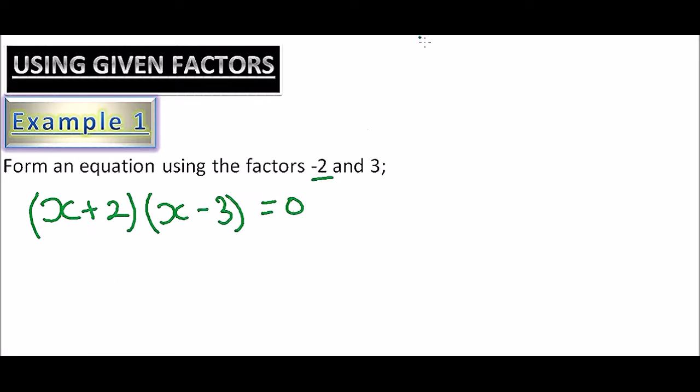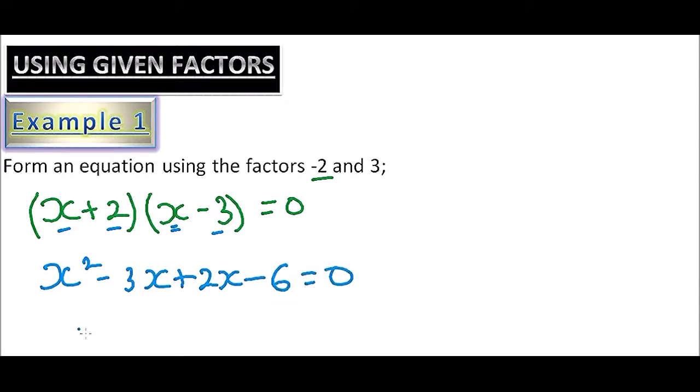So you expand now. x multiplied by x, you get x squared. x multiplied by minus 3, you get minus 3x. 2 multiplied by x, you get plus 2x. And then 2 multiplied by minus 3, we have minus 6 is equal to 0.